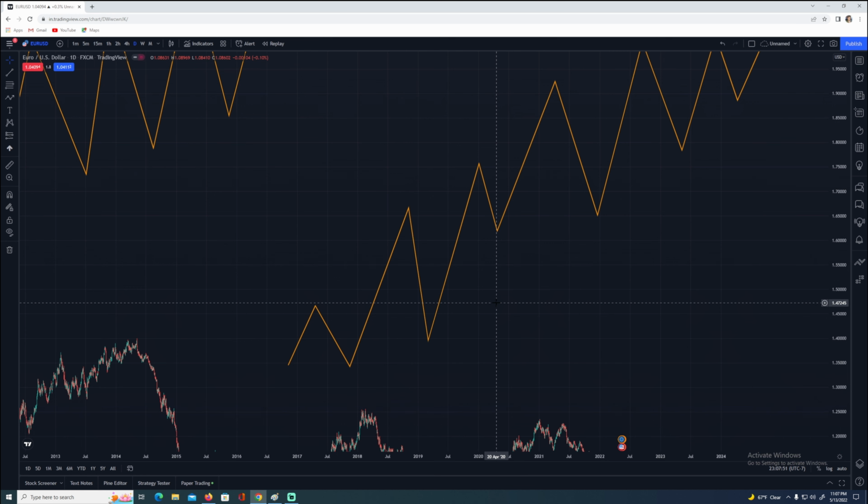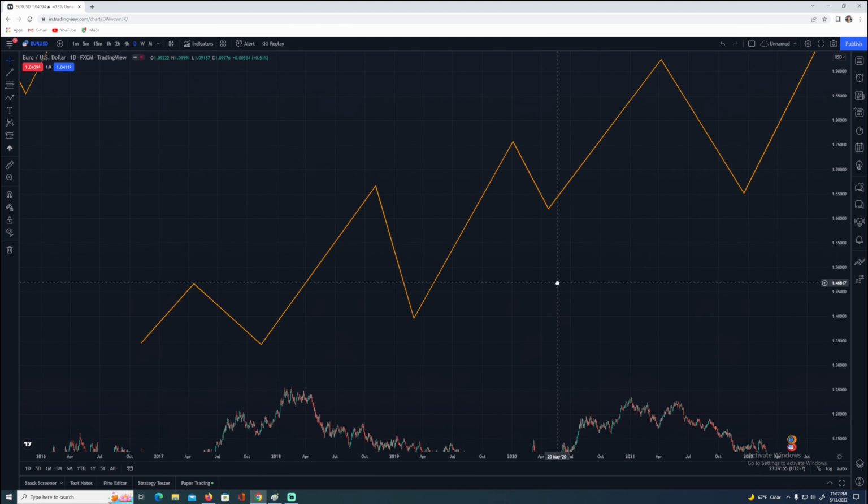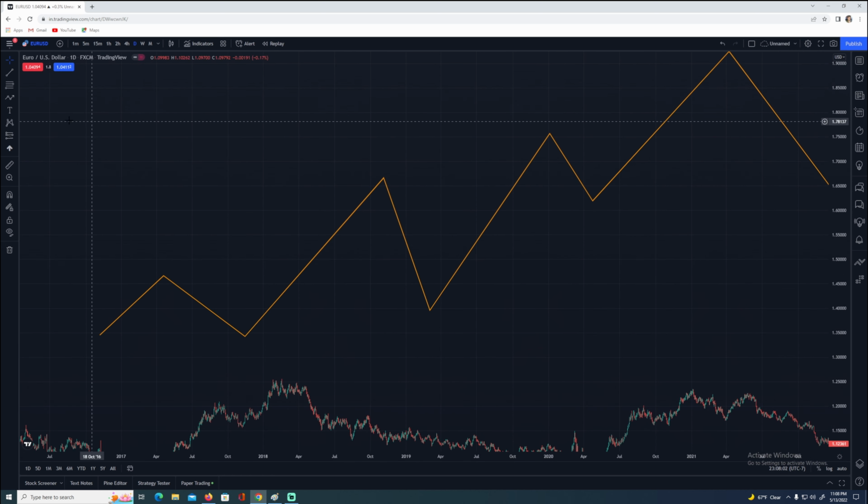The idea of liquidity is that, for example, let's say this is a daily run. This is a daily structure.